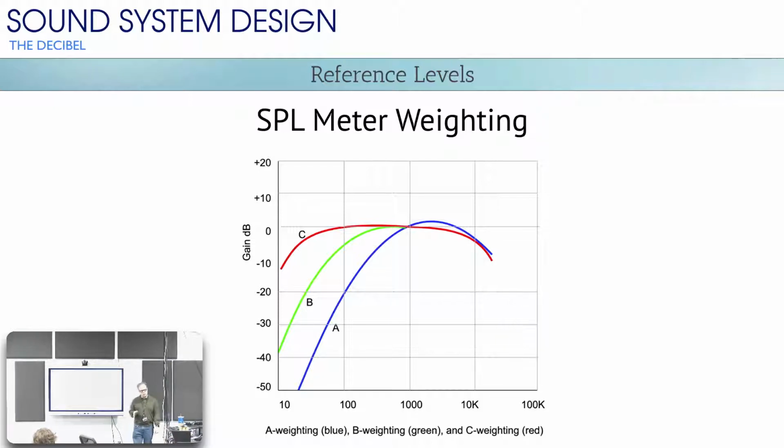If your meter is still set to C weighting, you're going to register a higher pressure level, because C weighting is not attenuating the low frequencies. But at that 60 dB SPL, which is probably closer to what it's like at that person's house, what they are hearing is closer to the A-weighted response.